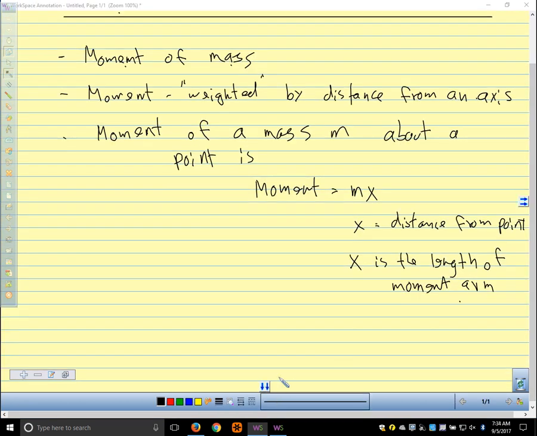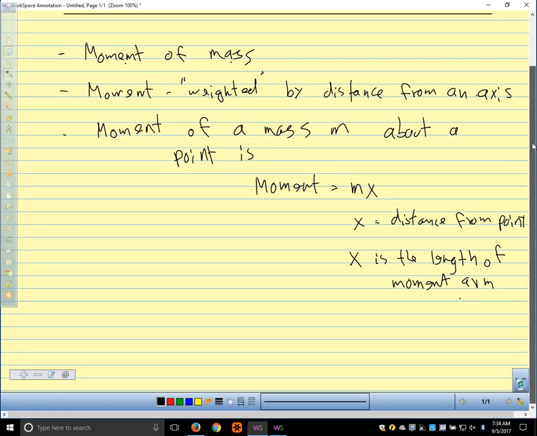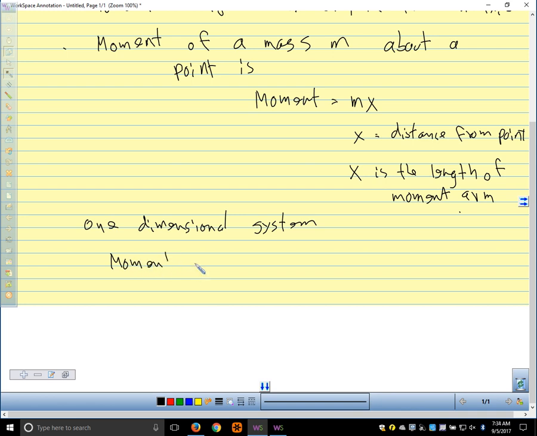And if we have a system of masses, so we have masses along an axis, for example some kind of scale, you have your little sliding weights on the scale, the moment about the origin for a one-dimensional system is m sub 0, and we just multiply each mass times its distance from the origin and add them together, however many we have.